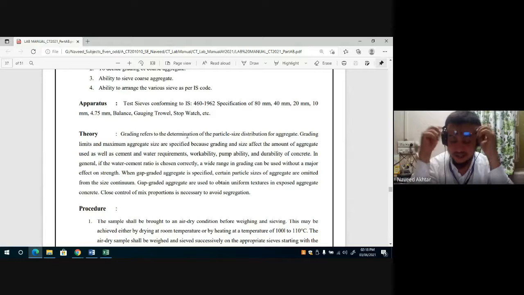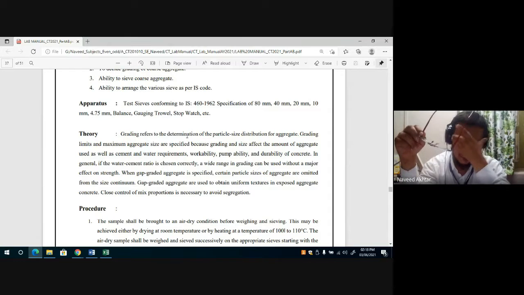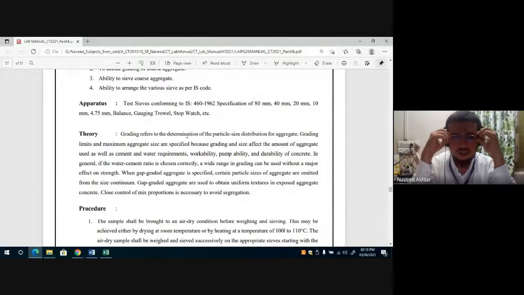That's why the grading, or particle size distribution, is very important. The maximum aggregate size is specified because grading and size affect the amount of aggregate used, as well as the cement and water requirement. Also, it affects the workability, pumpability, and durability of concrete.